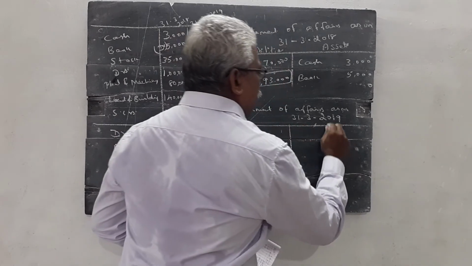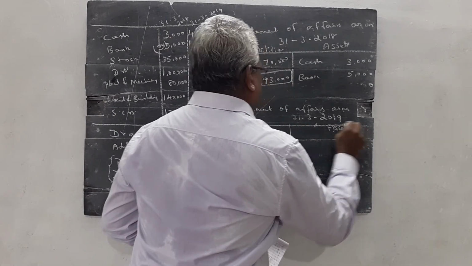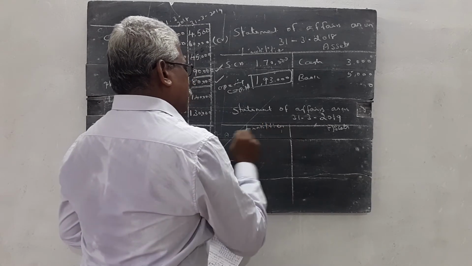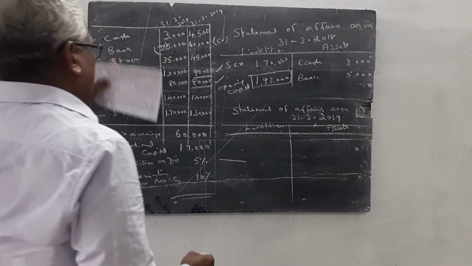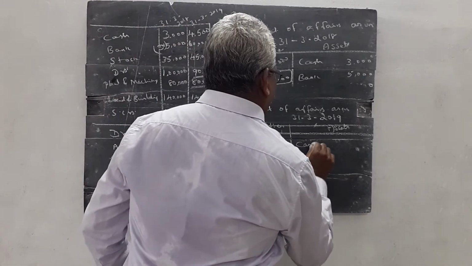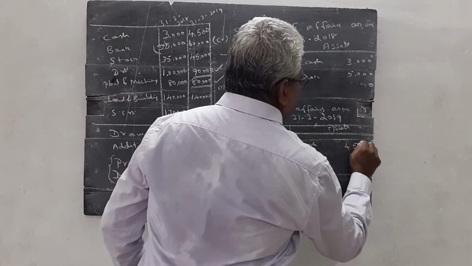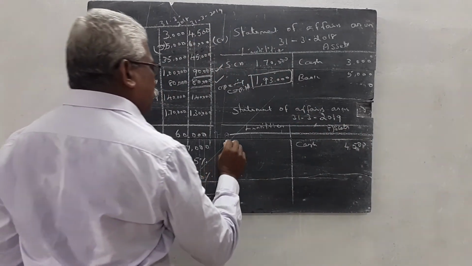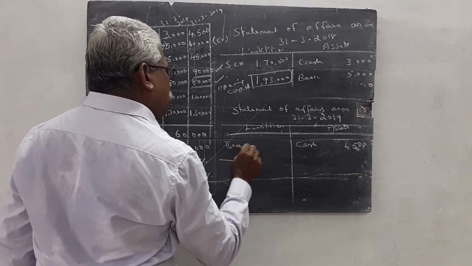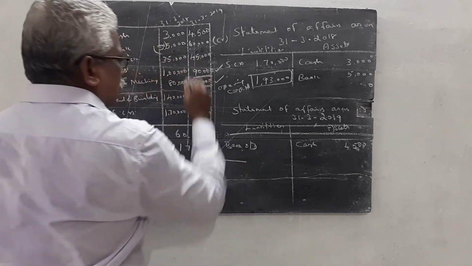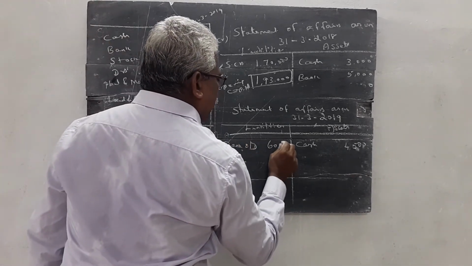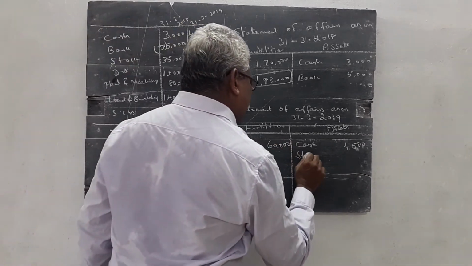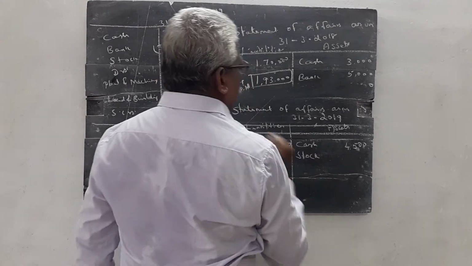Assets are entered here, liabilities are entered here. Then asset cash 4,500. Closing figure is taken into account. In this question, bank overdraft 60,000 is entered here. Then stock asset 45,000.